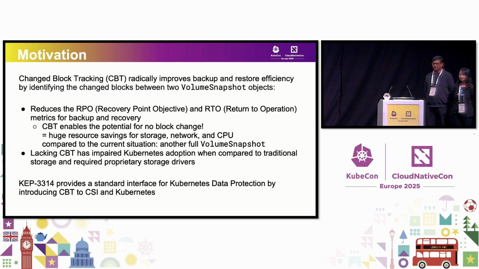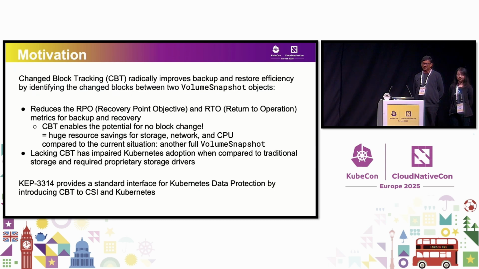So in order to improve what we measure, RPO and RTO, for all backup and recovery and disaster recovery, we need change block tracking, to make sure that if the difference between any two volume snapshots is nothing, I don't want to take a whole other backup, a whole other consumption of storage, network, compute, and memory. No, I want a zero delta, zero metadata pointers, etc., right?